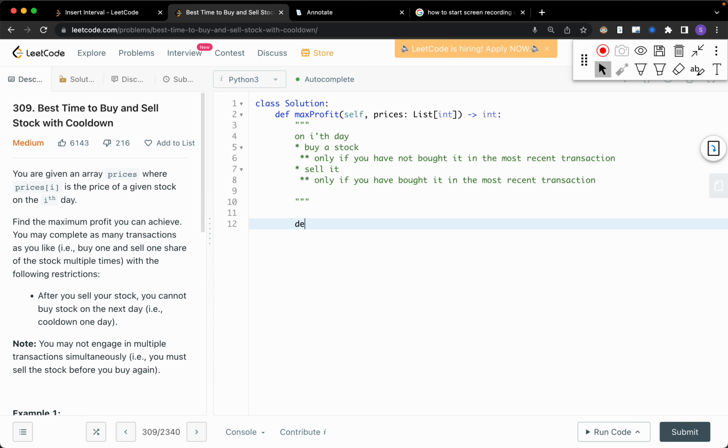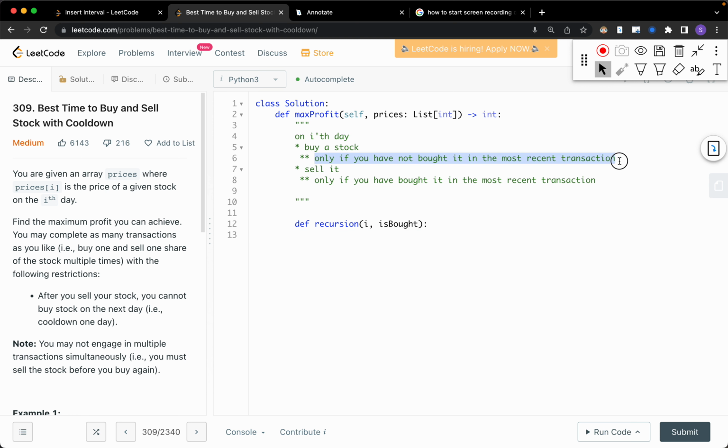So let me write a recursion function in which I'll be taking my i, and if we can see this dependency, we have to tackle it using another variable apart from i. So for this reason I'm taking another variable called isBought, which will have either 0 or 1 as the value. 0 indicating it was not bought previously, that is, we can now buy.